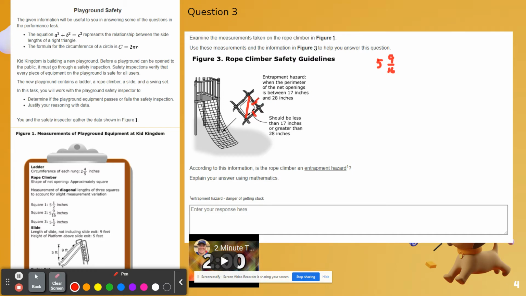You have a right triangle. So we could use the formula a squared plus b squared is equal to c squared. But if they're both the same, I can just use the letter A to represent both, to where 5 and 9/16 squared is equal to a squared plus a squared.